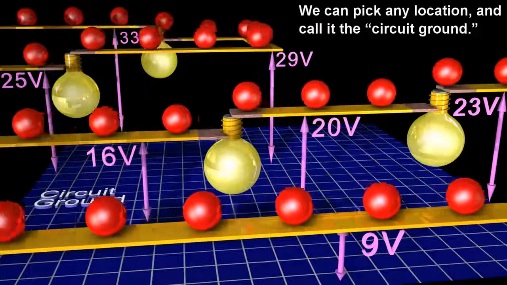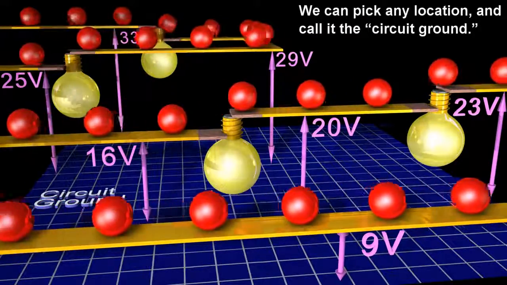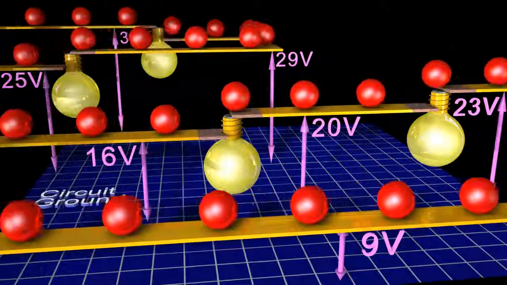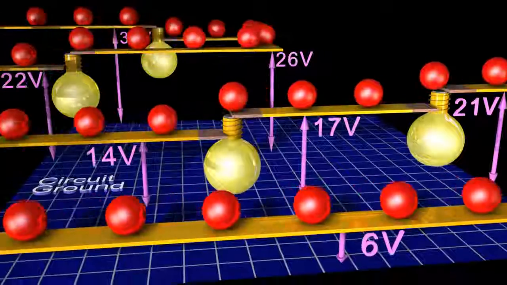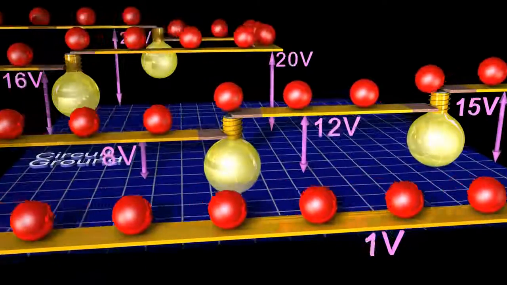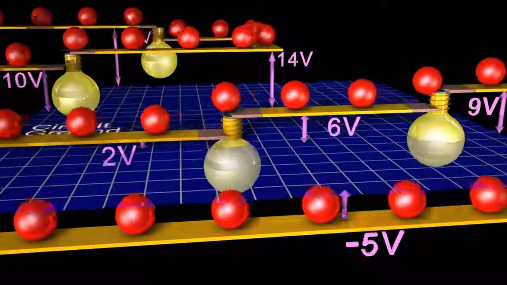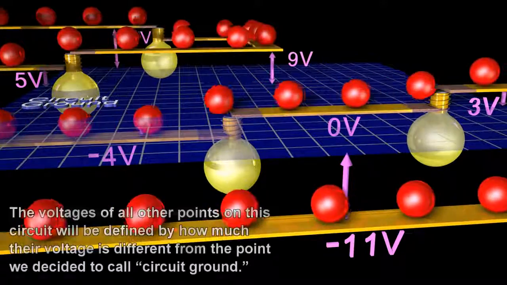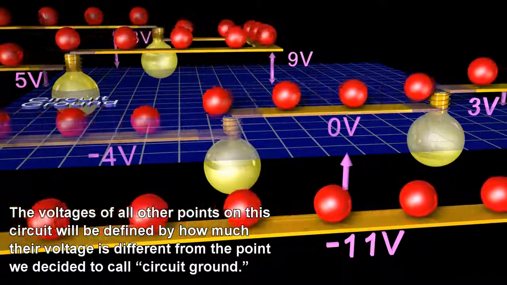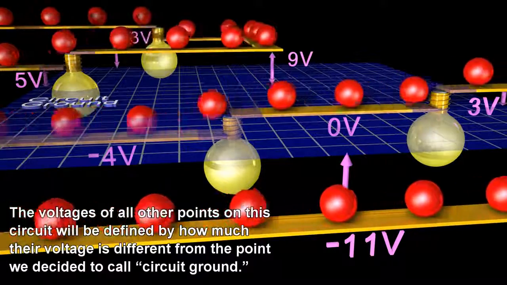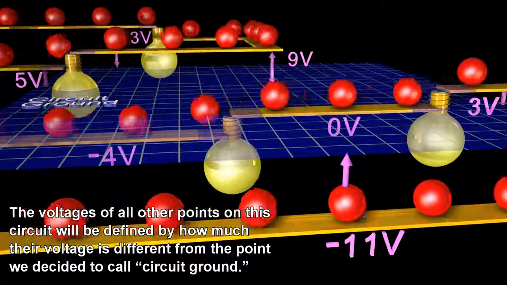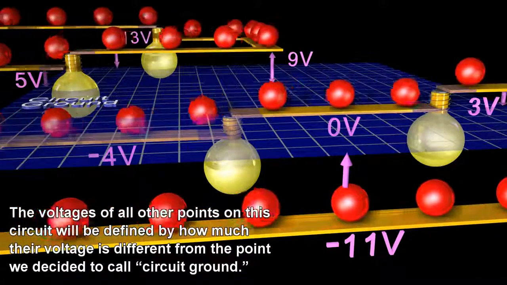We can pick any location and call it the circuit ground. The voltages of all other points on this circuit will be defined by how much their voltage is different from the point we decided to call circuit ground.